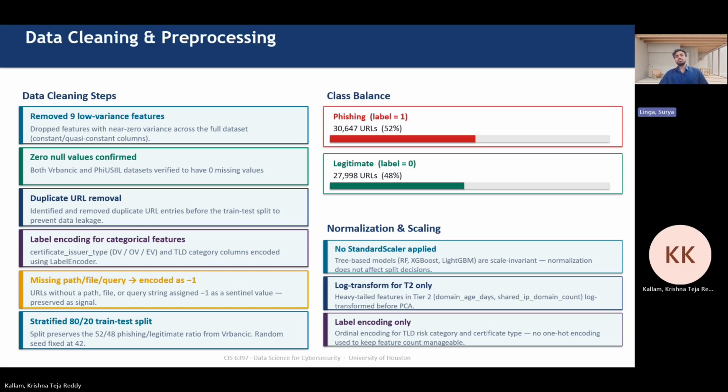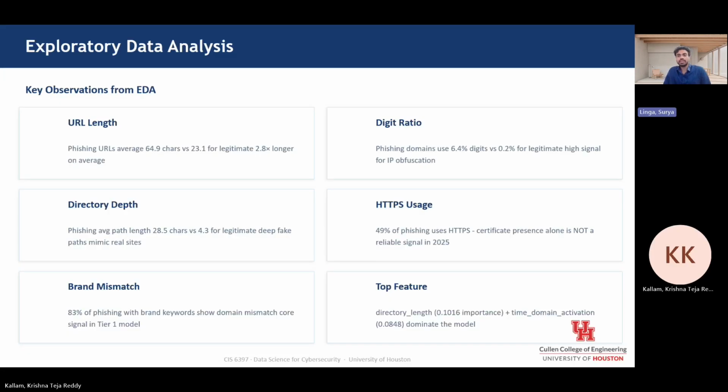Coming to exploratory data analysis, before building features, we looked at the patterns in the data. Phishing URLs are almost 3 times longer than the real ones on average. Phishing domains have more digits in them compared to the legit ones. Phishing URLs go much deeper in the path, like account slash verify slash secure slash login.